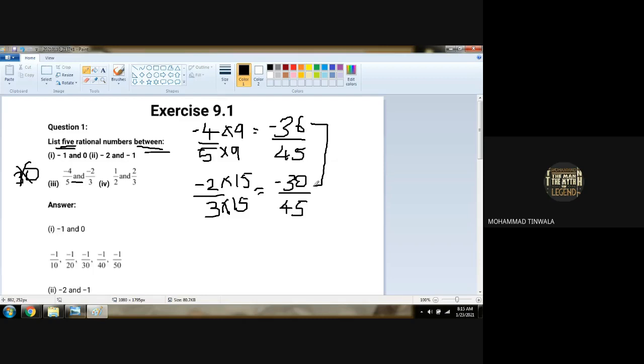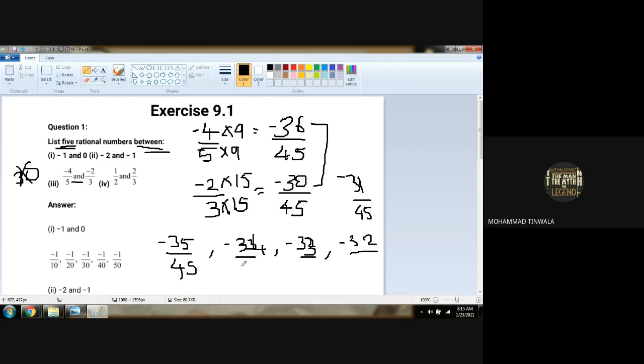Now from minus 36 to minus 30, you calculate. Minus 35 upon 45, then minus 34 upon 45, then minus 33 upon 45, then minus 32 upon 45, and minus 31 upon 45.